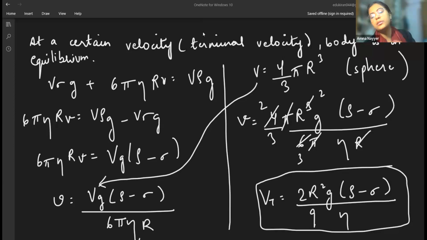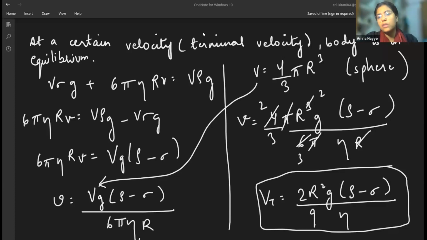Yes, now we stopped at this point, terminal velocity. Terminal velocity is basically if a body is going, initially the velocity will increase up to a certain value. Then the velocity will become constant, and that constant velocity is known as terminal velocity. Why? Because mainly your buoyant force and your Stokes law, these are the two quantities that come into action.